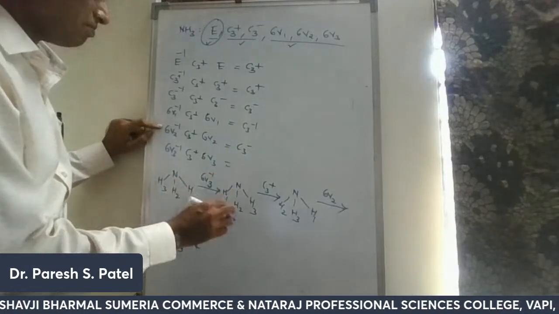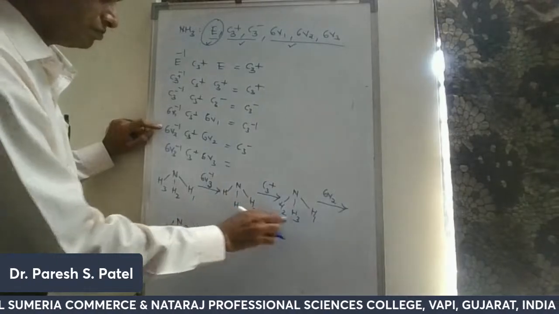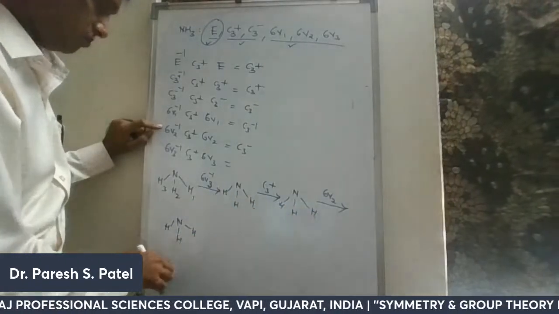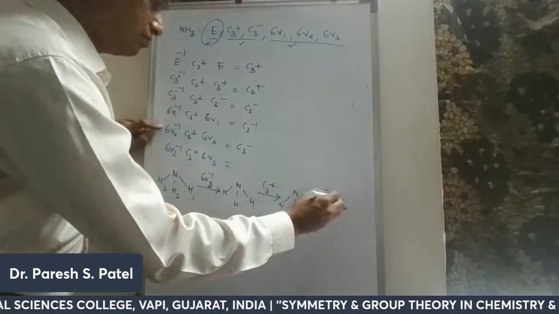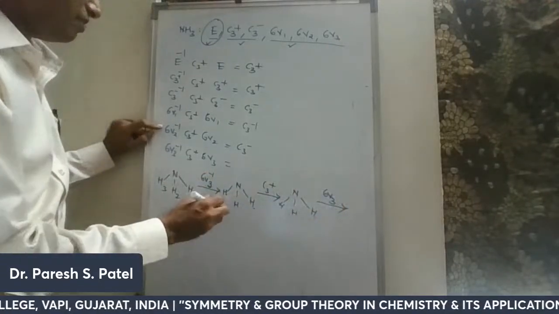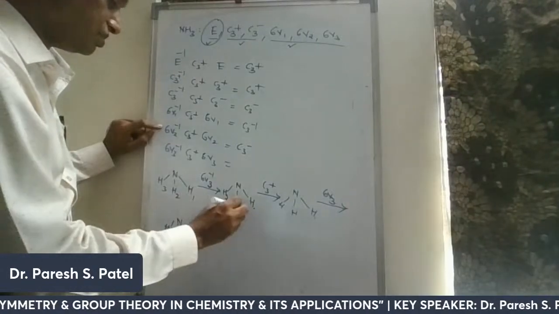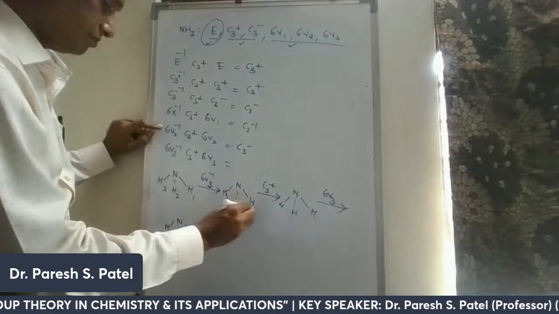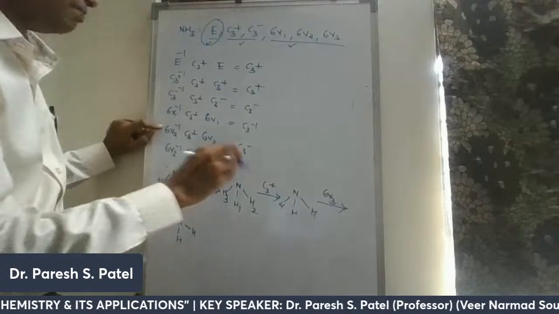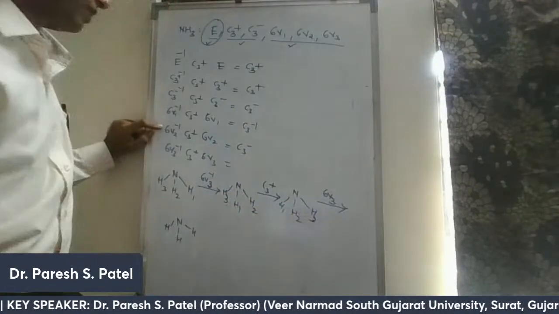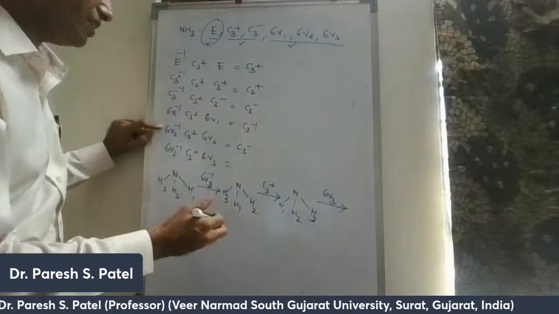Similarly, sigma V3. Sigma V3 inverse means 3 remains as it is, 2 and 1 interchange. C3 plus, it means one time clockwise rotation. Then sigma V3.